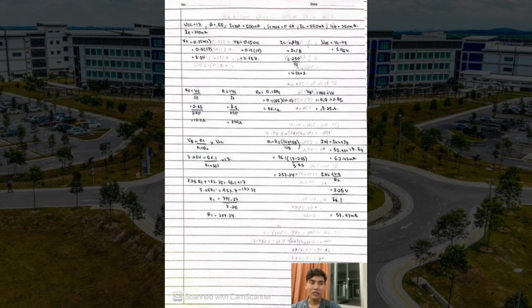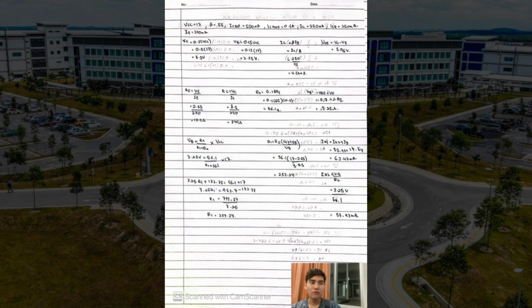So for the RE is equal to VE over IE, which is 2.55 over 250, and we get 10.2 ohm. So for RC is VC over IC, which is 8.5 over 250, and we get 340 ohm.